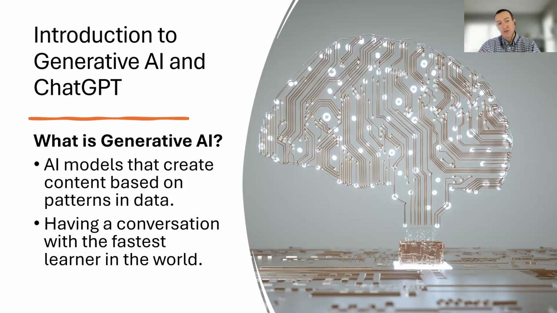In ChatGPT, generative AI, I like to refer to them as the fastest learner in the world because of the way that works. What these large language models are doing is scouring what's available on the internet, scouring what's available based on your prompts and what you've put in and other users have put into the generative AI tools, and it's using predictive models to predict what word should come next in a sequence, and is learning as it goes.